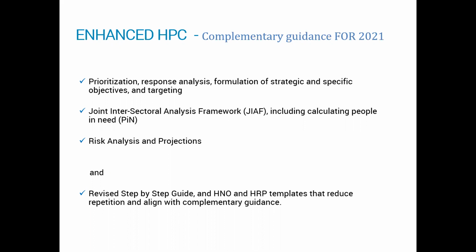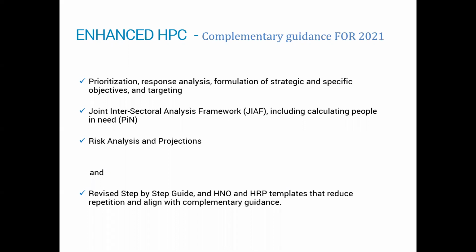Also, those who were there last year might remember a different way of calculating PIN. Last year the guidance wasn't so clear, but this year we could really clarify how to calculate PIN.